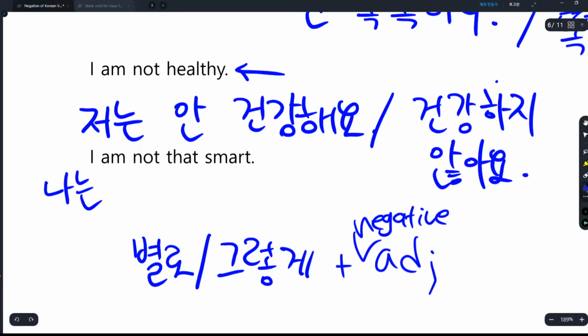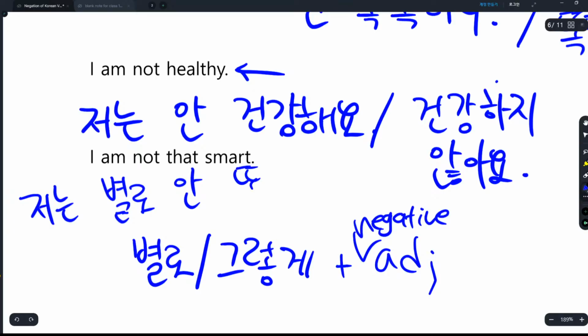저는, let's stick to 존댓말. 저는 별로 안 똑똑해요. 그렇죠, 맞아요. 저는 별로 안 똑똑해요.